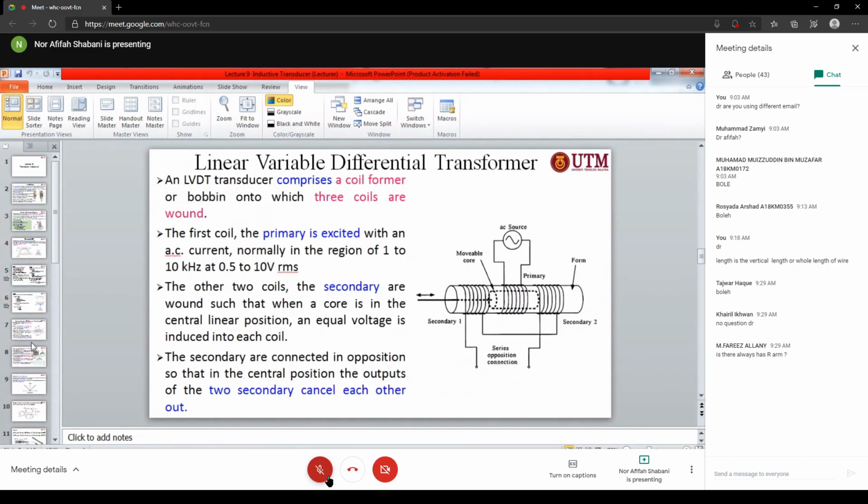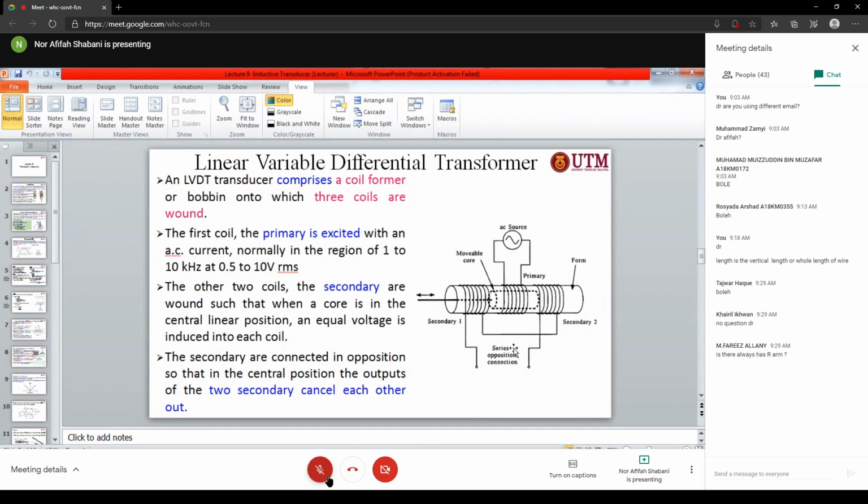And the other type of inductive transducer is the linear variable differential transformer, LVDT. LVDT is comprised of a coil former. If you look at this one, you will have a form, normally hollow, and then you will have two coils here, the primary and the secondary.